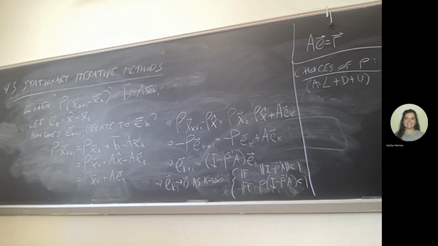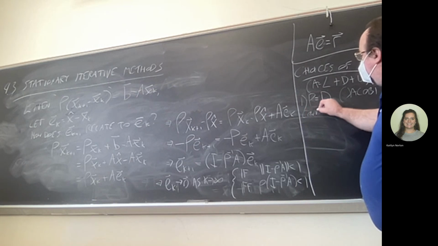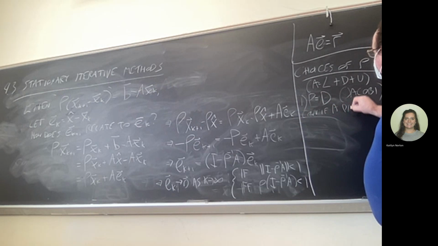So all these preconditioners are defined in terms of those pieces. Simplest choice, P is equal to D, just the diagonal part. This is known as the Jacobi method. So this converges if A is known to be diagonally dominant.